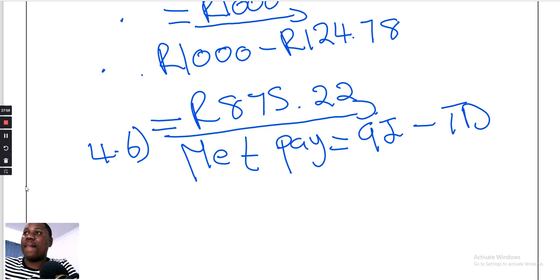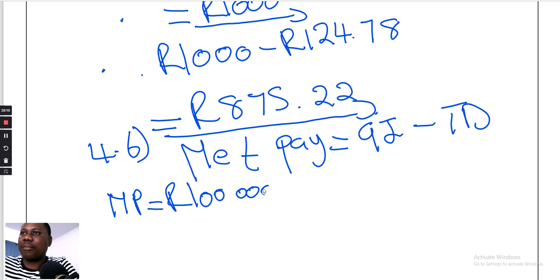Now net pay is equal to our gross income, which is 100,000, minus our total deductions.